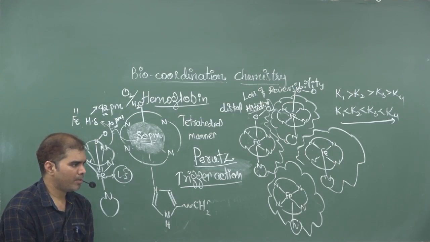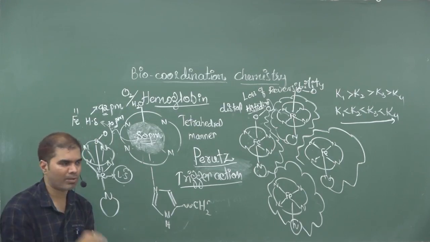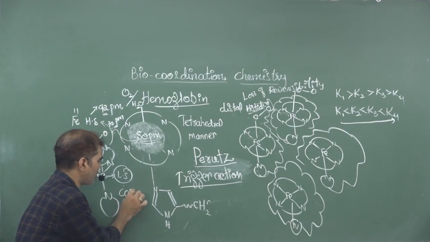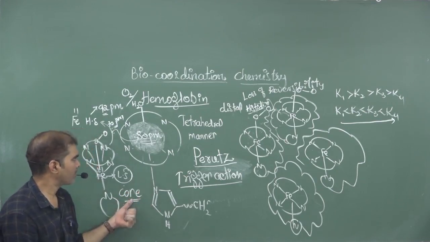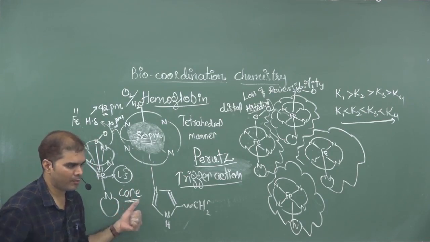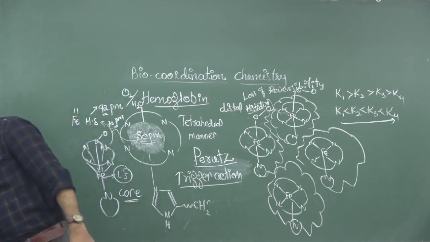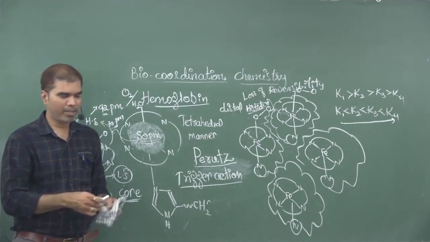For each subunit, the core of the porphyrin, core means the central portion, C-O-R-E, core. The core of the porphyrin has a size of 80 picometer.